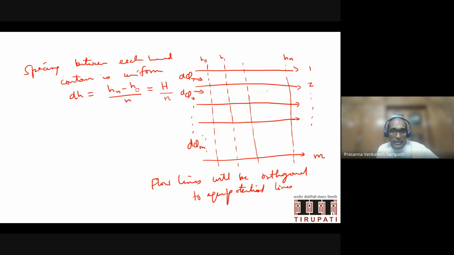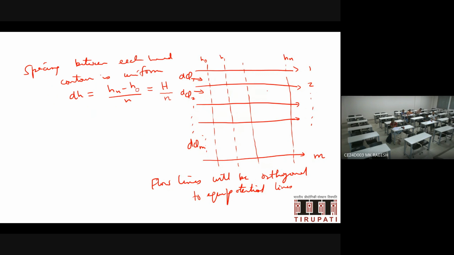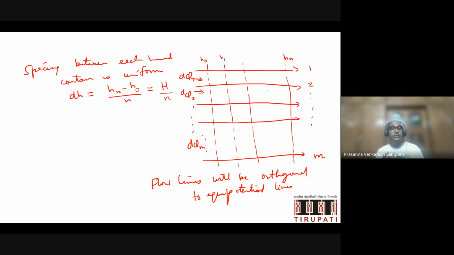Hn minus 1 to Hn will be the nth jump. So if each jump is of the same size, then the size of the jump dh is simply Hn minus H0 divided by the total number of jumps. Agreed?